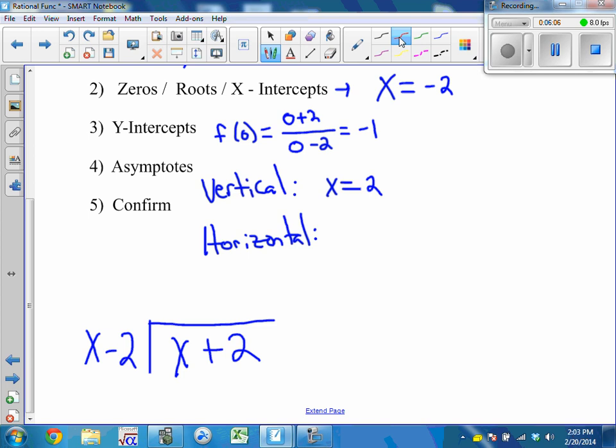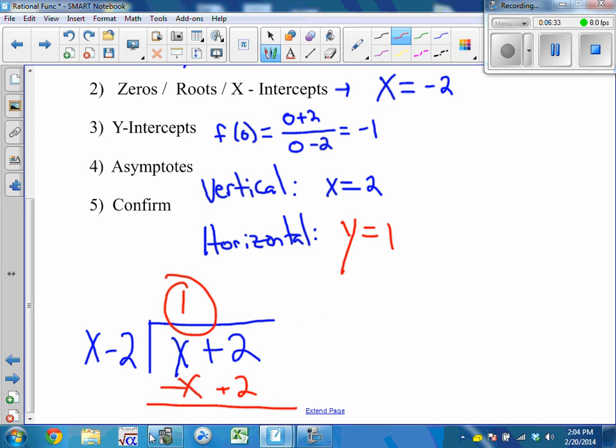Now, this is not a huge thing. We don't have to do the whole thing. We just have to do one step. So the question is, what times x gives me x? And the answer is 1. And then we could continue on and do our long division, but I don't really care. That number right there is all I need. So my horizontal asymptote is y equals 1.